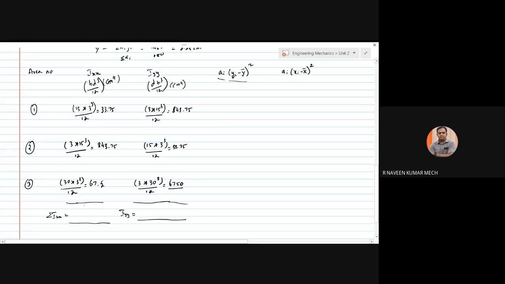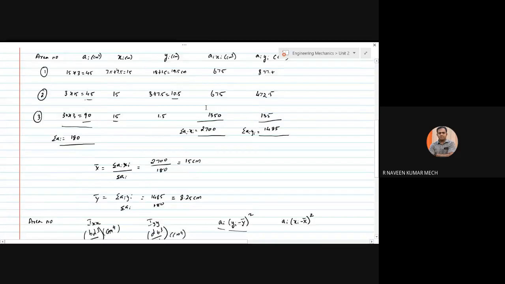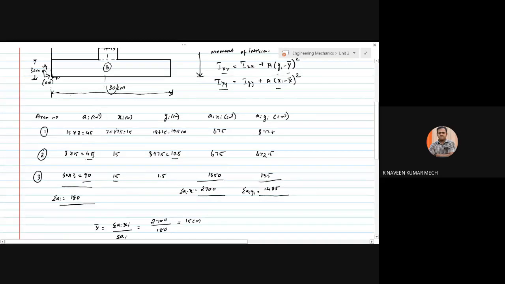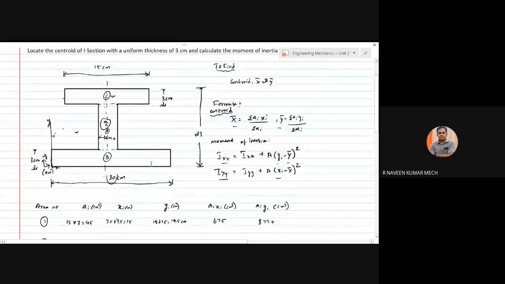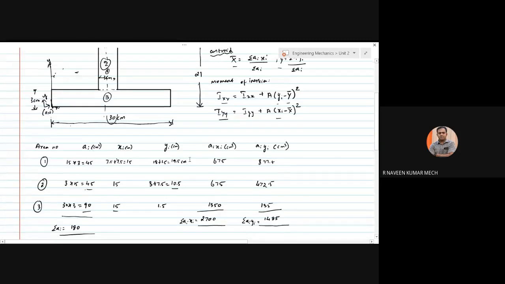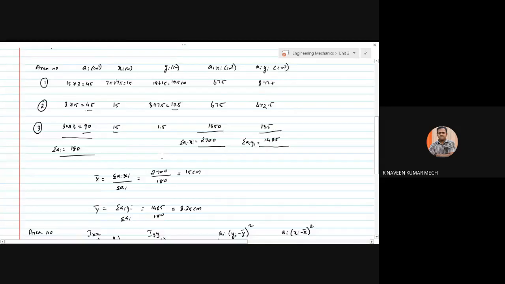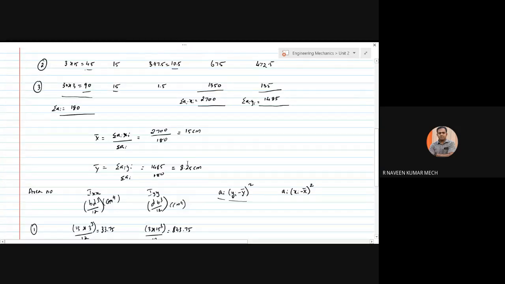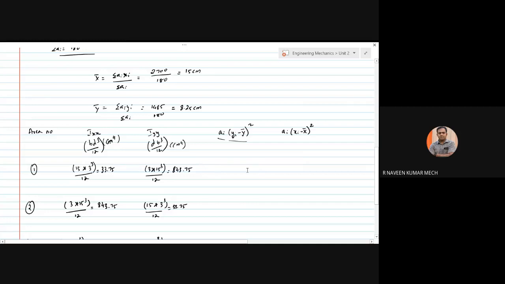We know that A1 is 45, A2 is also 45, A3 is 90. Similarly, yi for this is 19.5. We calculated that the centroid for this particular region is 1.5 from the origin, so it is 19.5. We also know the value of y bar is 8.25. That is what we have to do here.